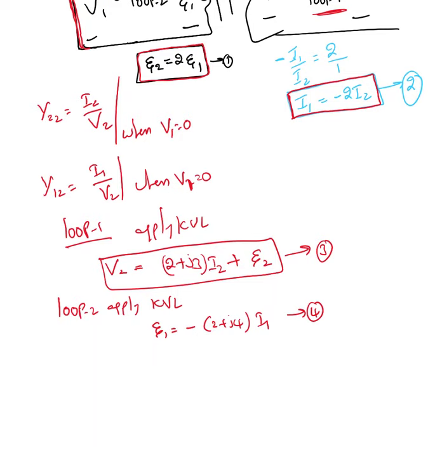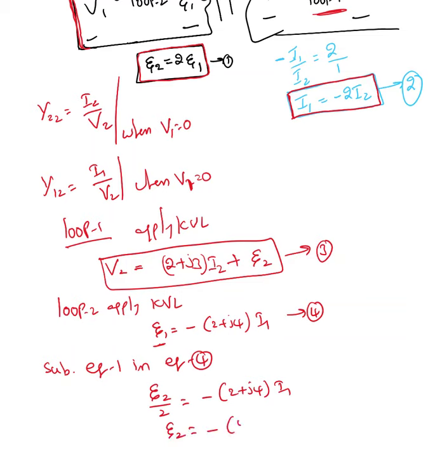Now I need a relation between V2 and I2. I'm going to replace E1 in equation 4 using equation 1. Substituting equation 1 in equation 4, E2 over 2 equal to minus 2 plus J4 I1, or E2 equal to minus 4 plus J8 I1.